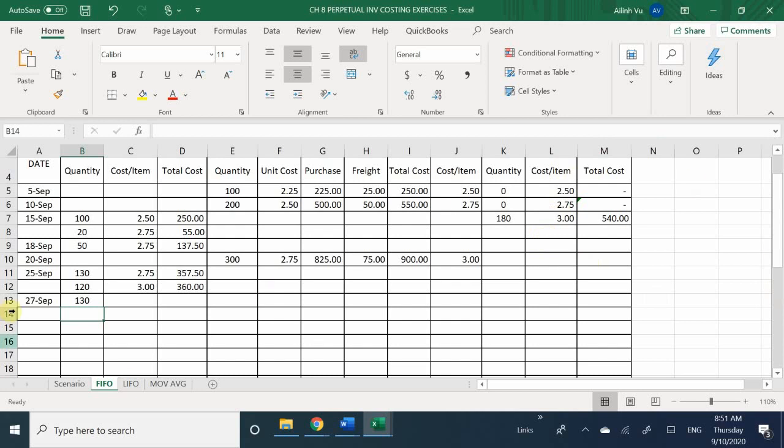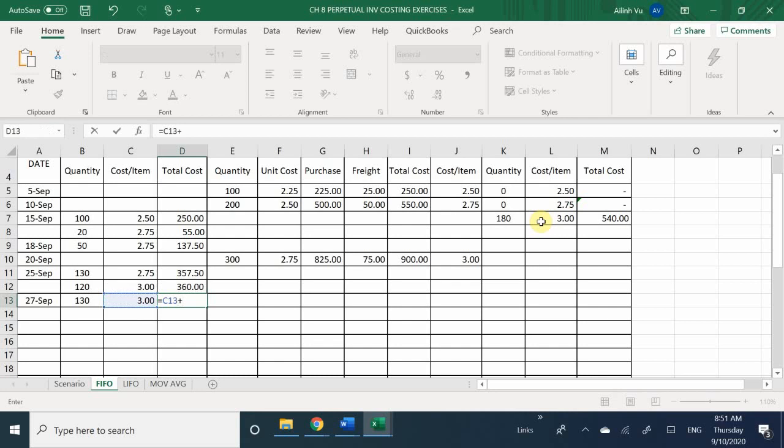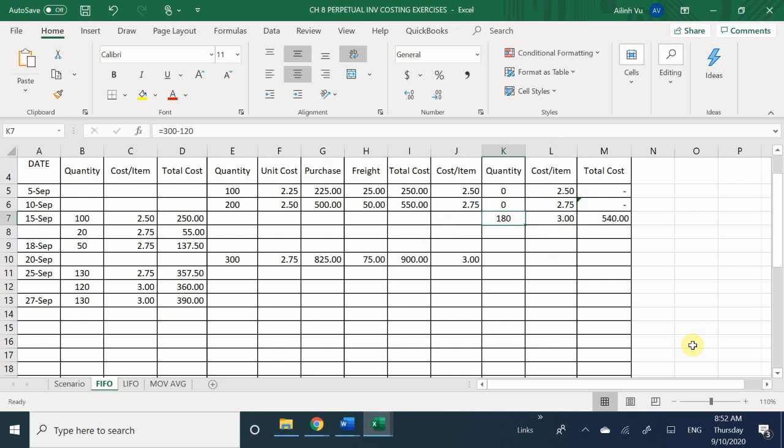There's only one left, at $3. Perfect. And if we know 50 times 3, we should get 150.